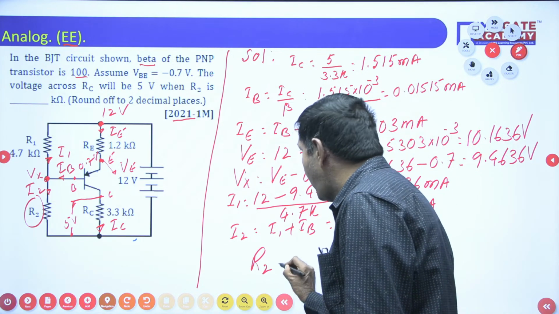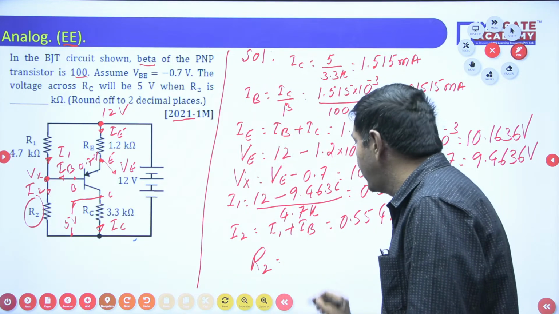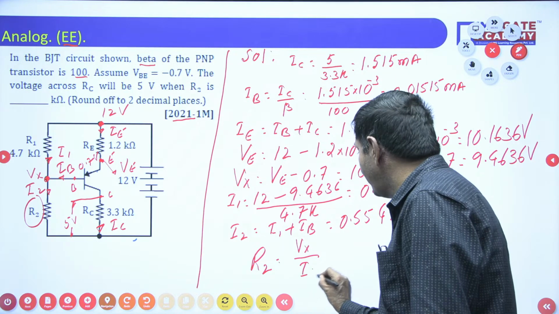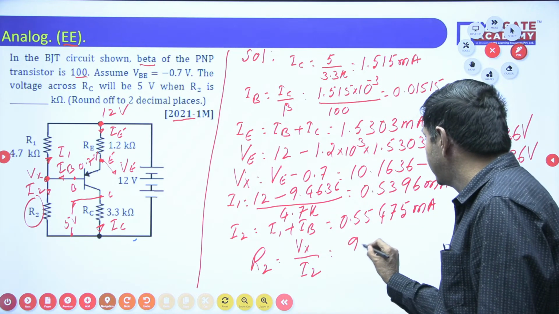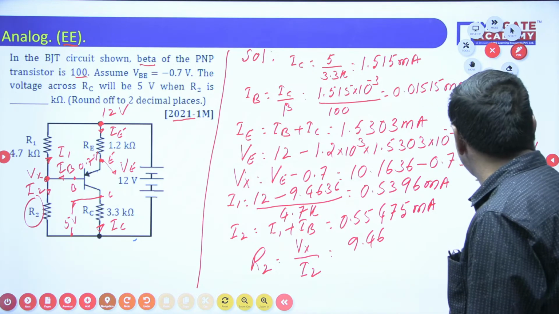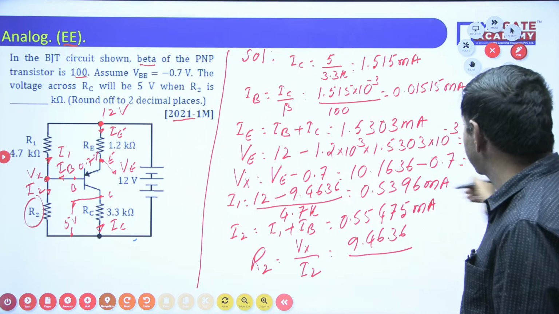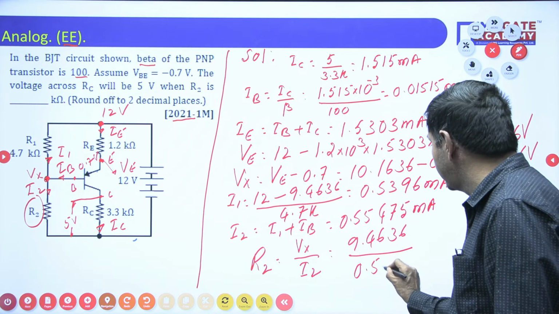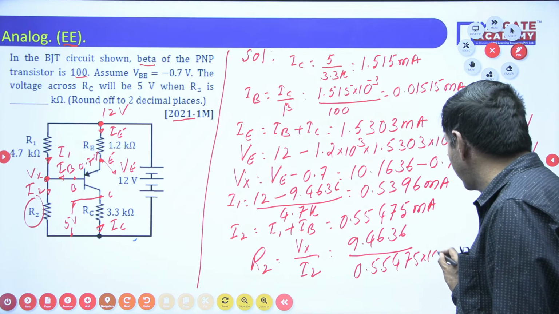R2 I want. R2 equals Vx by I2, applying Ohm's law. Vx we already got, 9.4636, divided by I2, which is 0.55475 times 10 to the power minus 3.